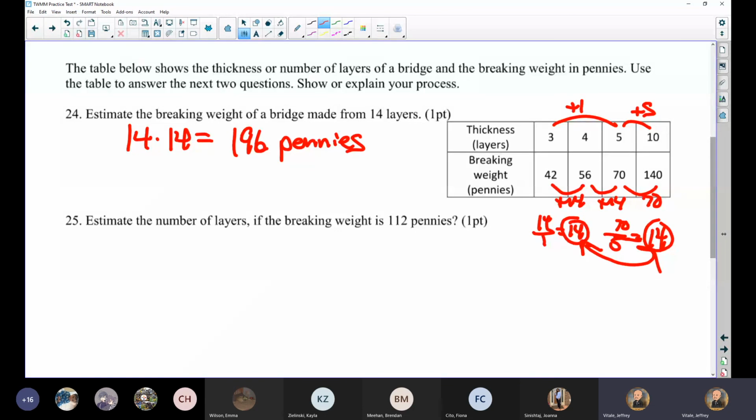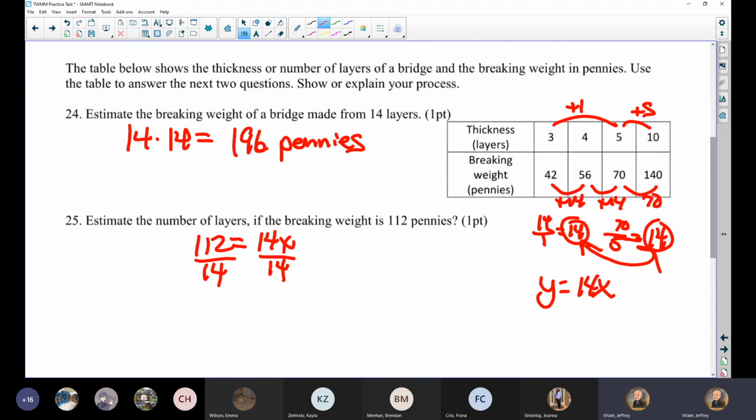Because again, if we don't have any thickness, there's no pennies to break it, right? So basically our equation here is y equals 14x. So if we want to estimate the number of layers, if the breaking weight is 112 pennies, you plug in 112 for y and solve for x and just divide by 14.